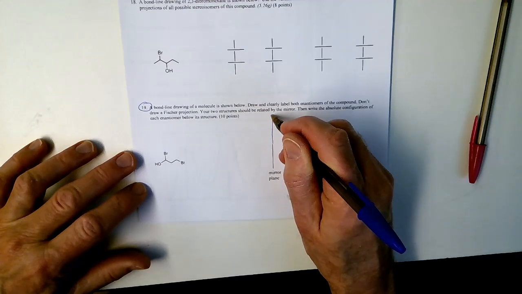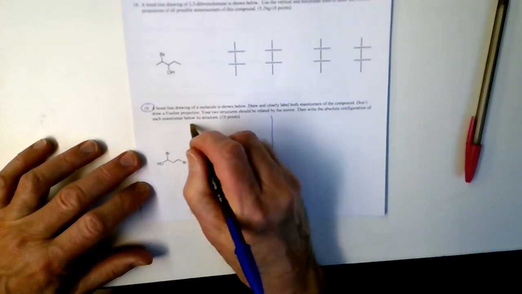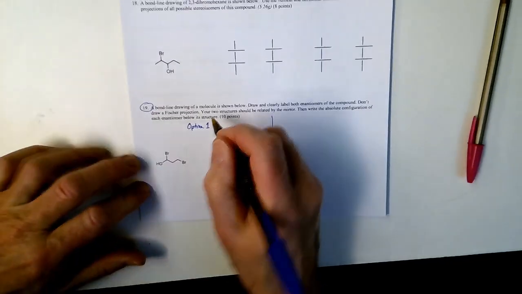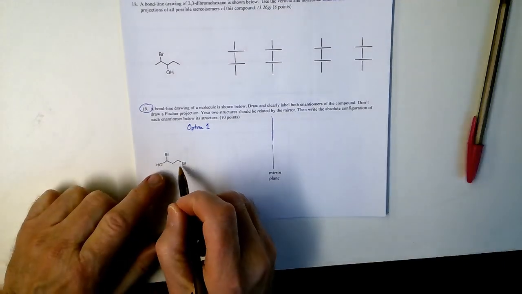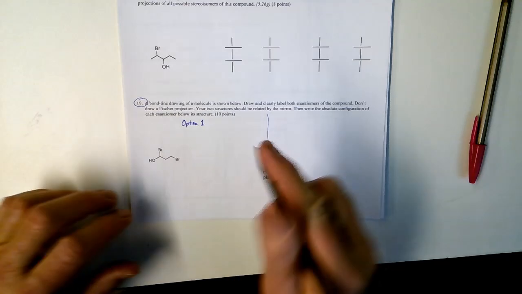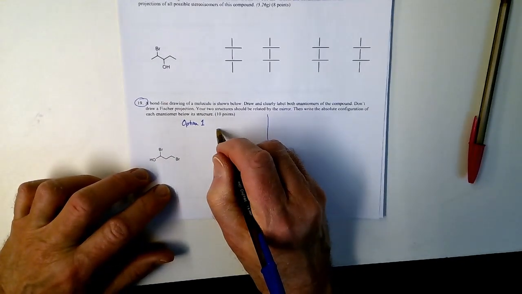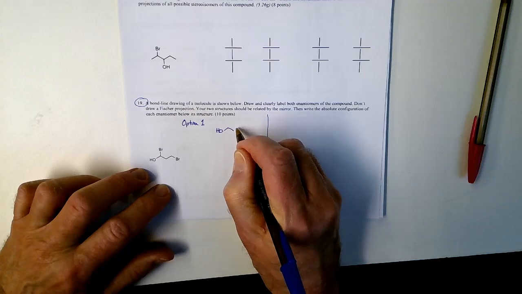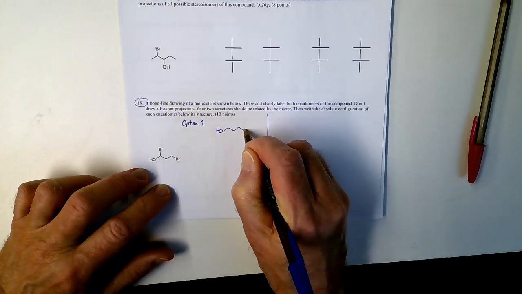I'm going to extend this up here, and let's say here we have option 1. A decent way to do it is to start with this thing and change as little as possible. Keep it pretty simple and recognizable, and draw it almost the way it is. So left to right, that much will work for you.